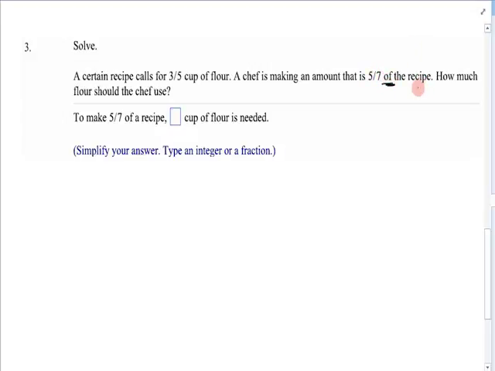The recipe that calls for 3/5 of a cup. So we need to take 5/7 of the 3/5 of a cup. So that means 5/7 times 3/5 of a cup.